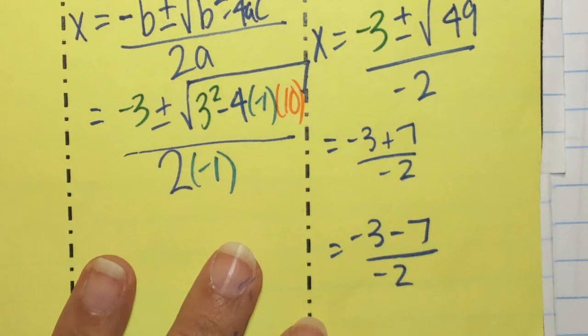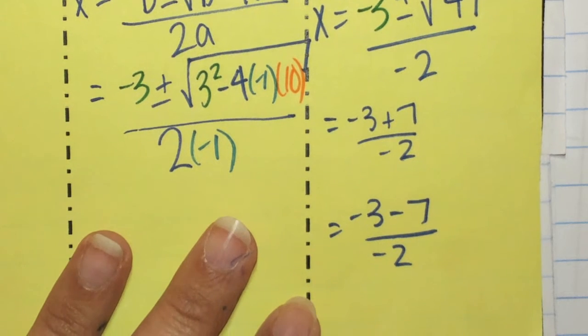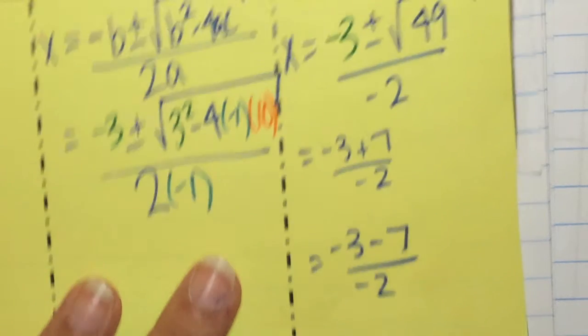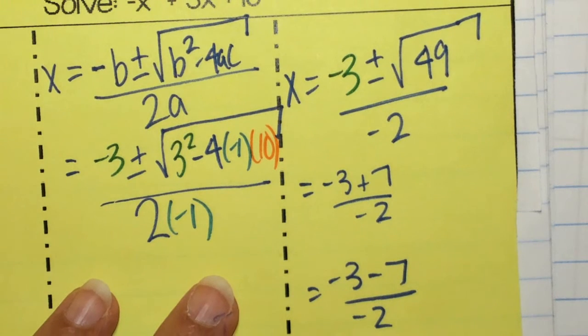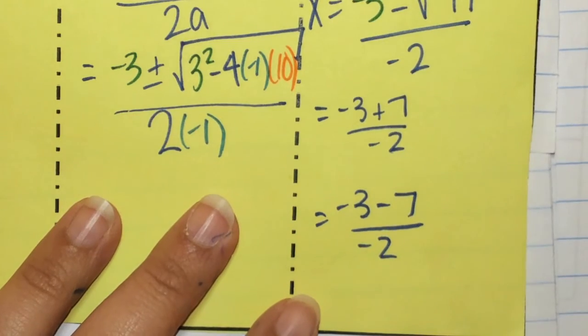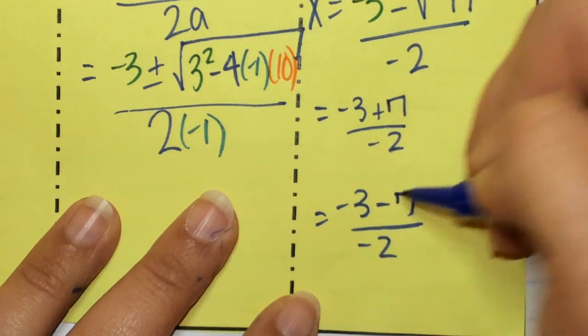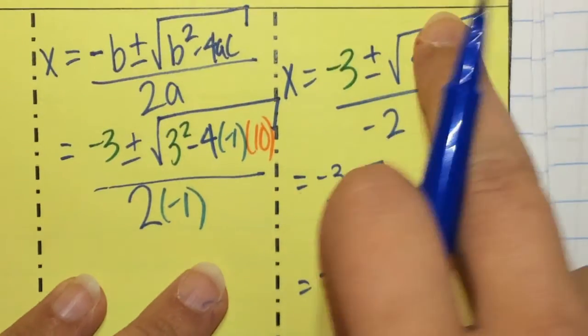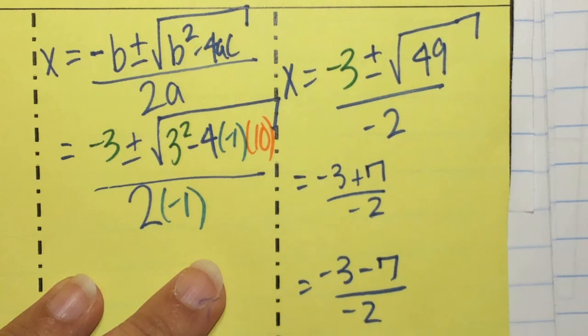Is everybody with me? Where'd I get the 7 from? What's the square root of 49? 7. So I went ahead and took the square root of 49. I put a 7 here, a 7 here. Does everybody see where I got it from?